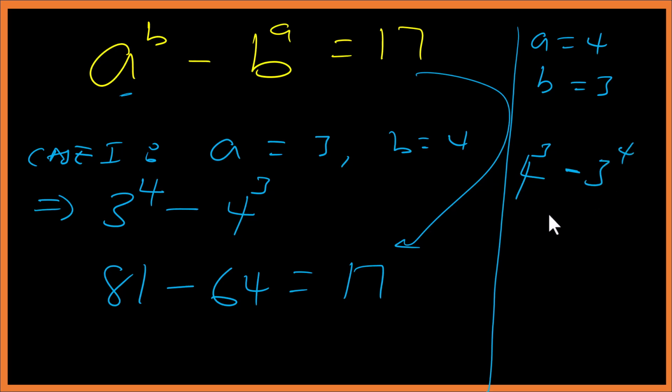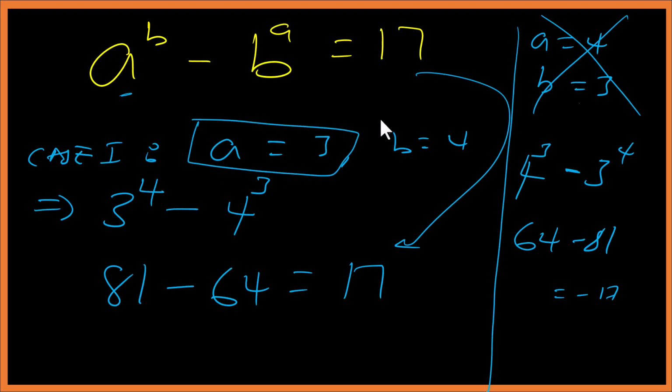So this side will be 64 minus 81, which will be minus 17. So this one doesn't satisfy. So we go by a equals 3 and b equals 4 as our right answers.